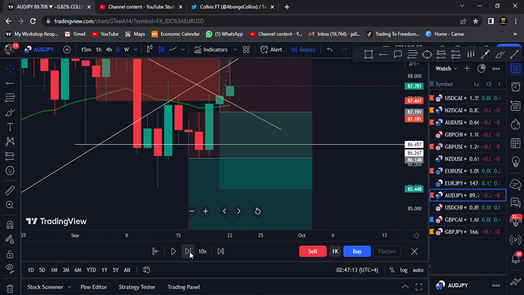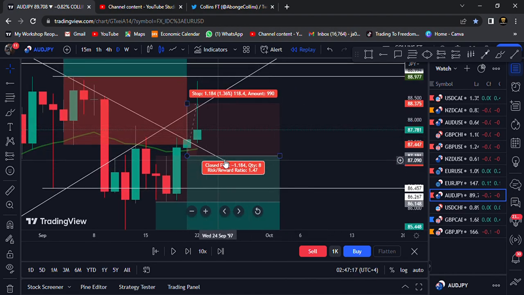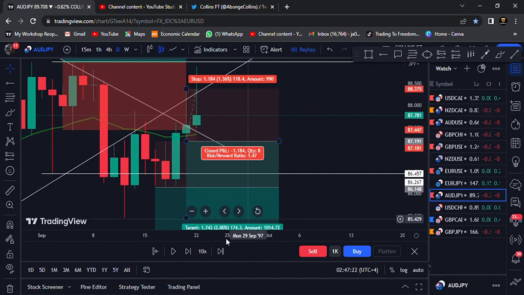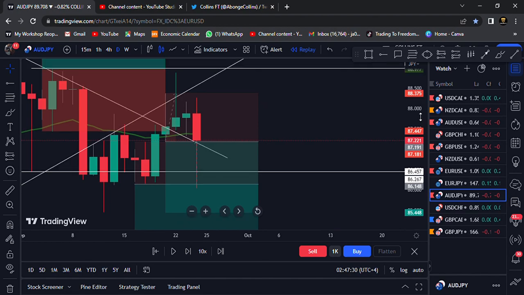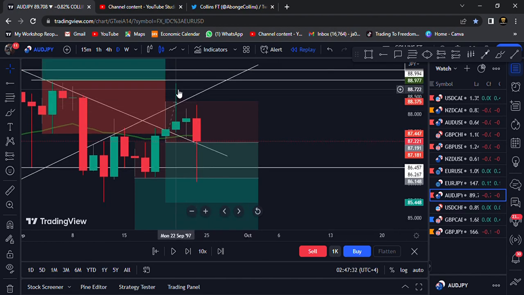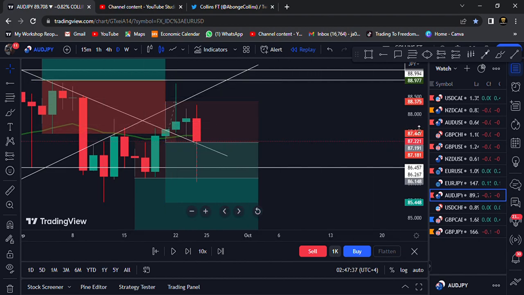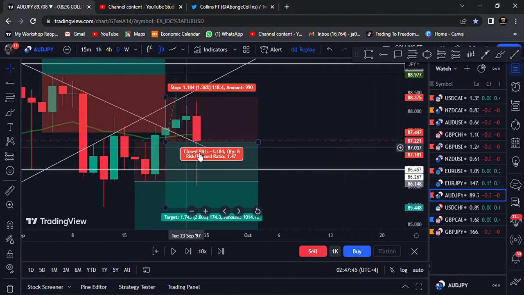Let's see. Okay, yet again, guys, it didn't trigger, but it went the opposite direction. Okay, so what happened is even though it went the other direction, it still gave another signal. That's why I didn't remove it. And this pair being as crazy as it is, it just went down like whoop, triggered, took profit.